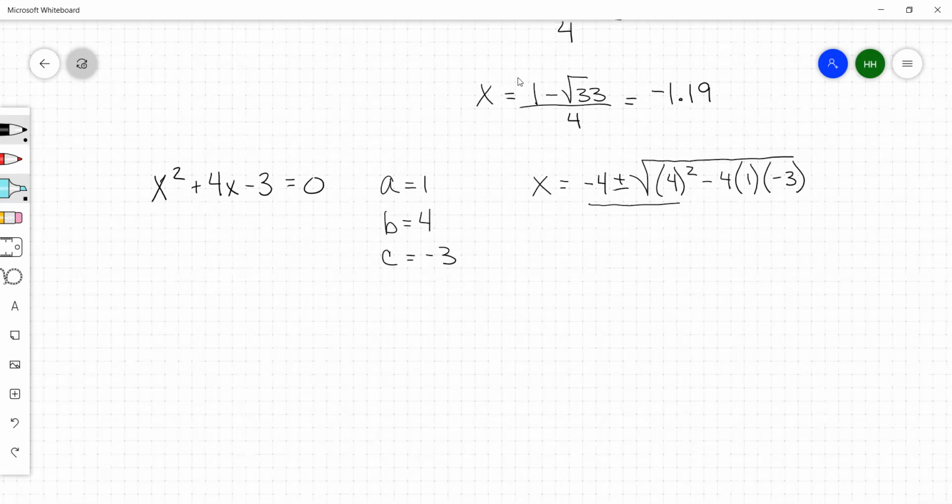All of it is divided by 2a, so it's 2 times 1 this time. So our x is going to be equal to -4 plus or minus the square root of 4 squared minus 4 times 1 times negative 3, which equals 28, all divided by 2 times 1, which is 2. So there's one form of your solutions.